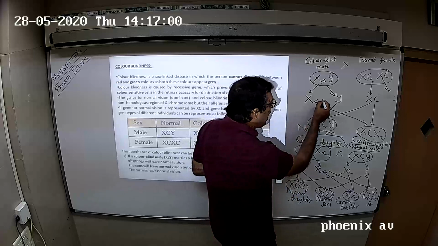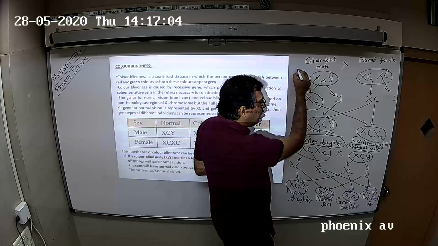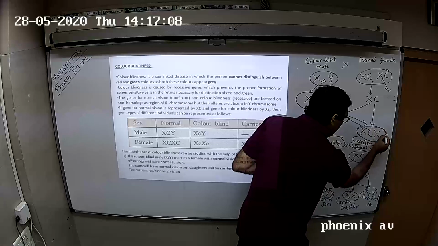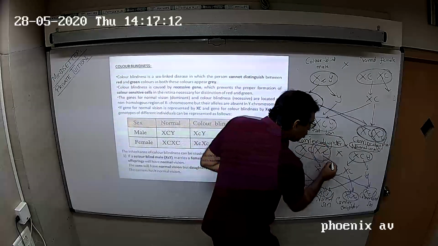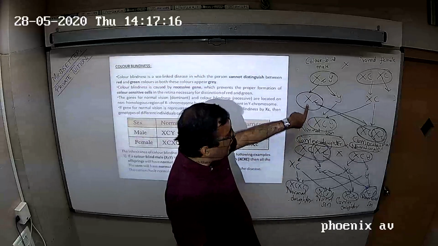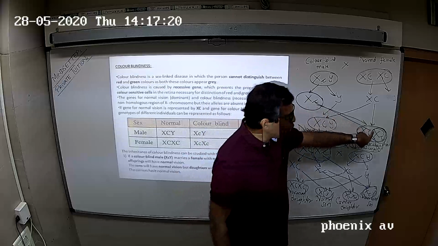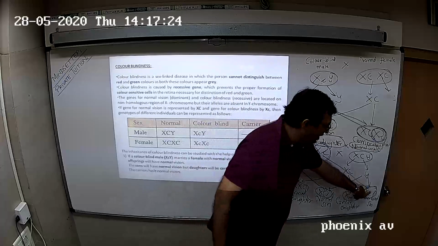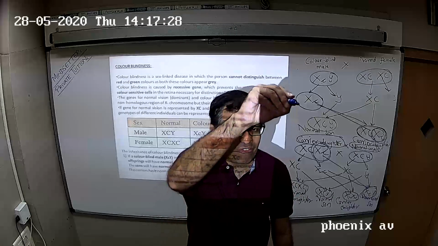Gene for colorblindness has gone from grandfather to mother, and from mother it has gone to grandson. So gene X small c has gone from grandfather to mother and from mother to grandson. So where has the disease gone from?